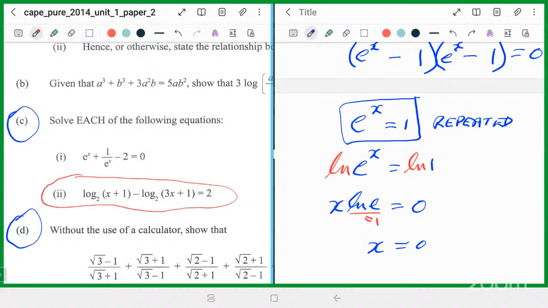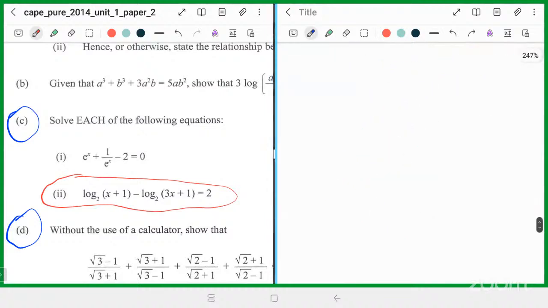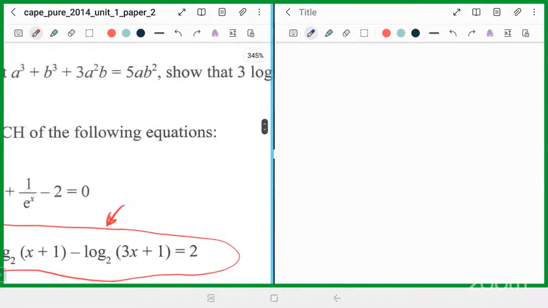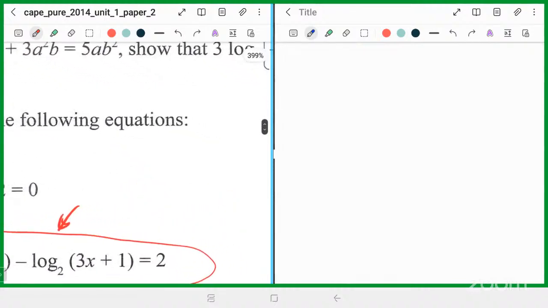This one now, logs. All right, so that's a logs equation I want to solve. Remember, when solving a logs equation like this, you want to reduce this whole log equation to one of two forms. I'm writing it out here for you. I want to reduce it to the form, the log of a number equals the log of another number, which would mean that n is equal to m.